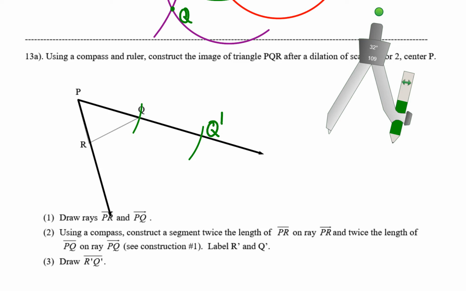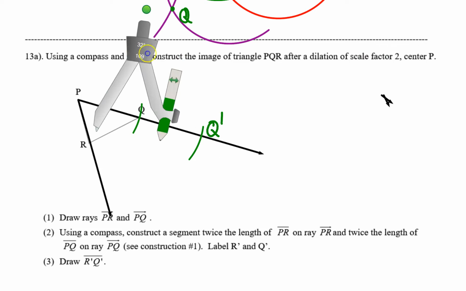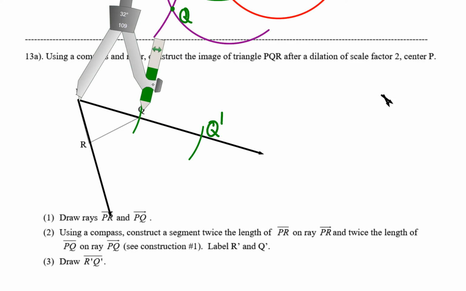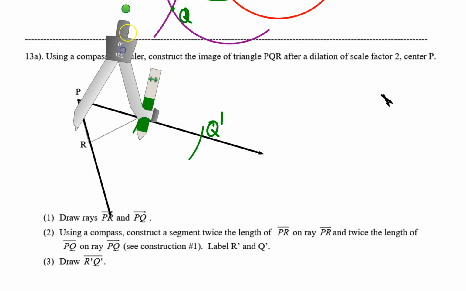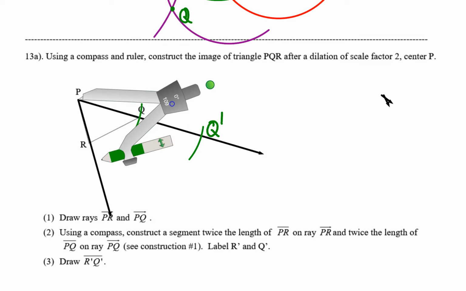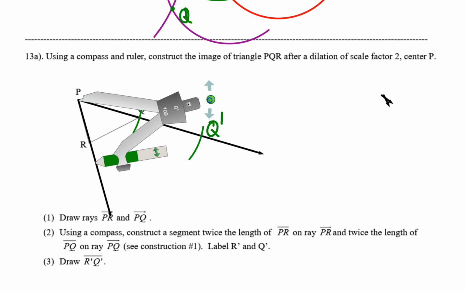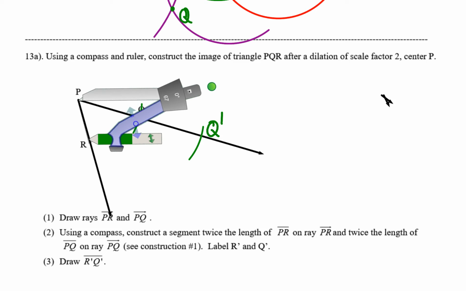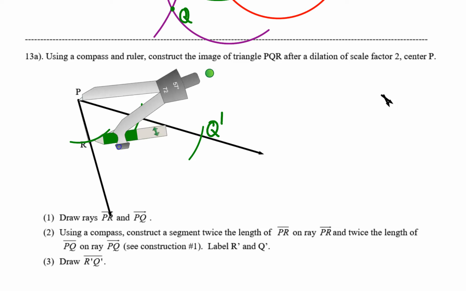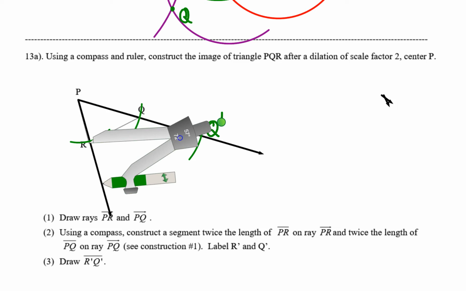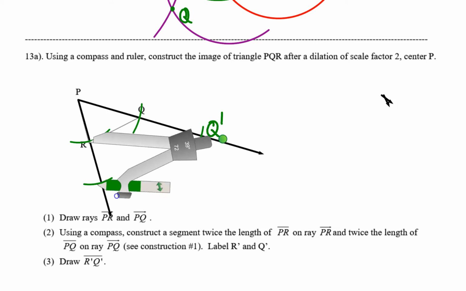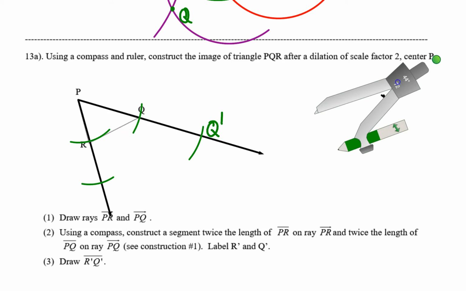Okay, we're going to do the same thing with PR. Once we have those, we can construct the rest of the triangle.